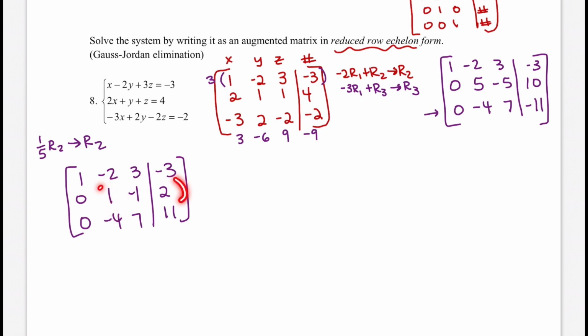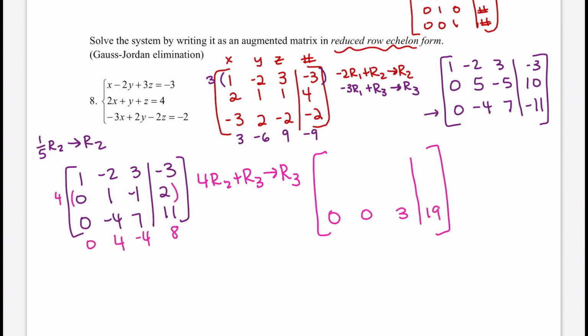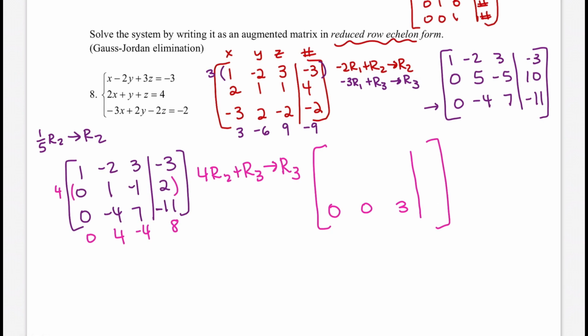So I'm going to times 4 times row 2 plus row 3, and that's going to be my new row 3. Negative 11 plus 8 is a negative 3. Okay, so let's rewrite 1, negative 2, 3, negative 3, 0, 1, negative 1, 2.